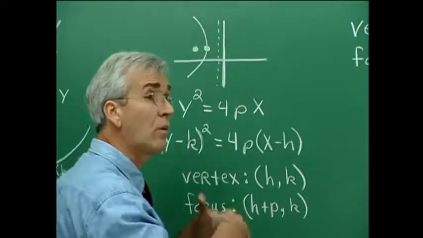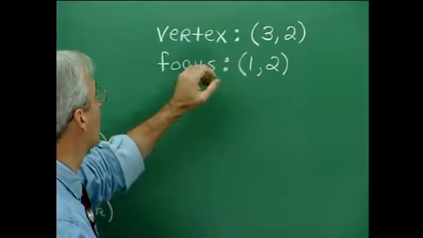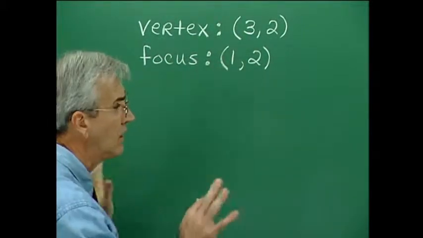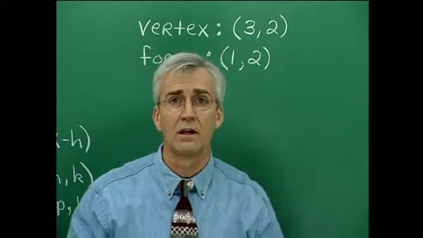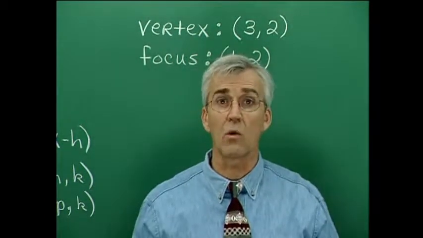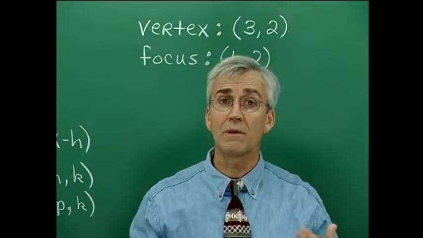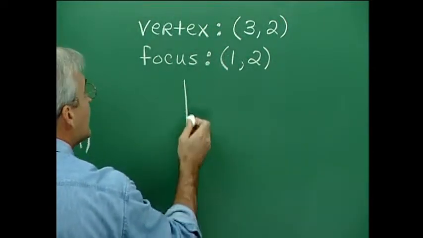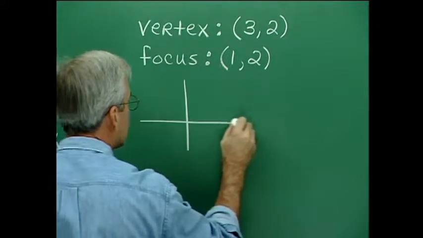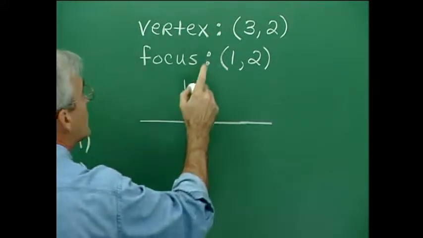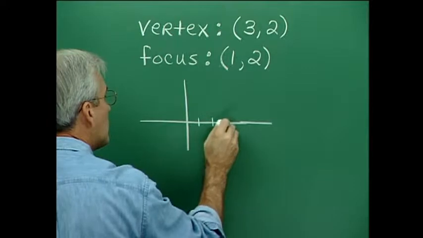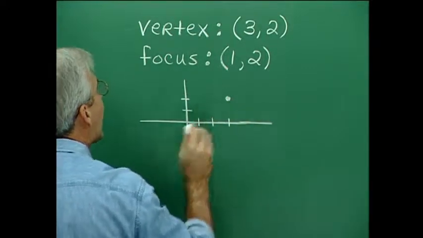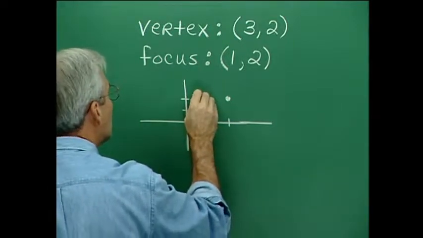Consider this problem. Suppose we want to generate the equation associated with this information. We have a vertex at (3, 2) and a focus at (1, 2). That's all we know about the problem, but we want to generate the equation associated with this. We begin by sketching a little graph. We've got a vertex at (3, 2) and a focus at (1, 2).